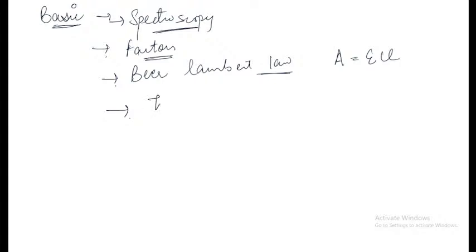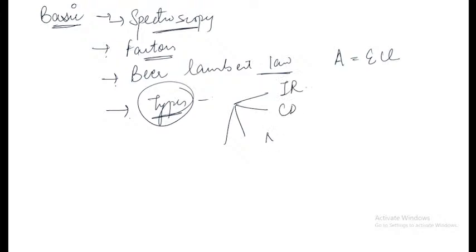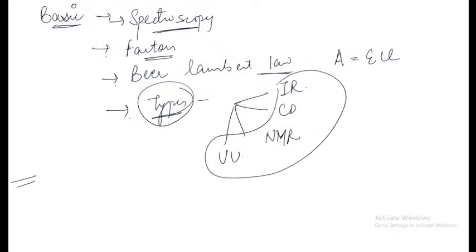Then we discussed the various types of spectroscopy. Today we have discussed the various types of spectroscopy, right? What are those? First we discussed IR, CD, NMR, UV, right? We have discussed all of these, and in the exam we do get questions from this particular topic.